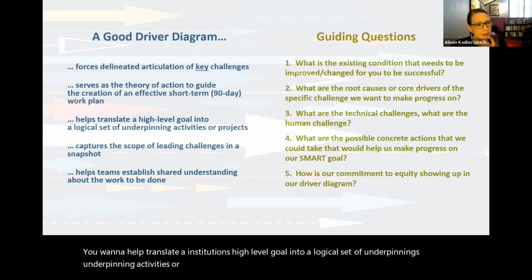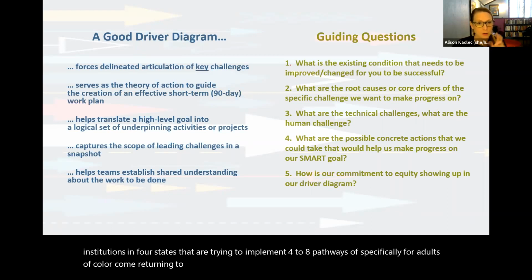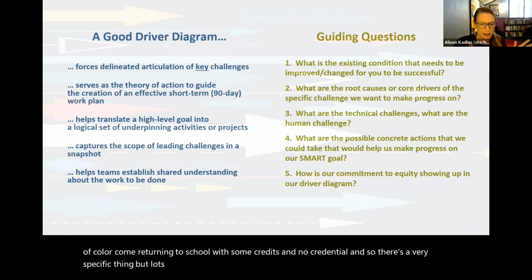So yesterday I was working with some institutions in 4 states that are trying to implement 4 to 8 pathways, specifically for adults of color returning to school with some credits and no credential. So there's a very specific thing, but lots of different pathways within that.